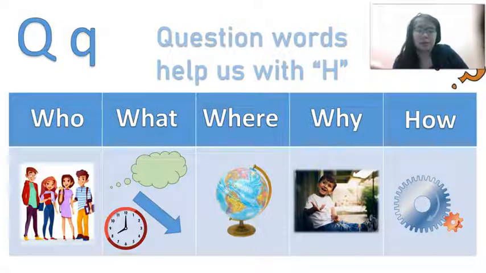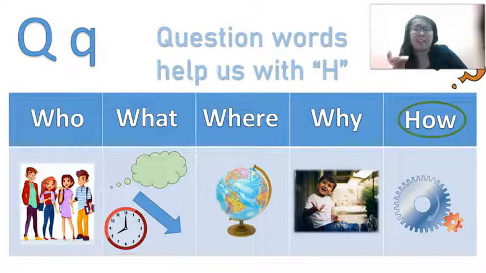Now, in our question words, remember we have the how. So that has an H and a W. It's very useful. So how do you pronounce the word how? You have the H sound at the front, the O sound in the middle, and the W sound at the end. How.